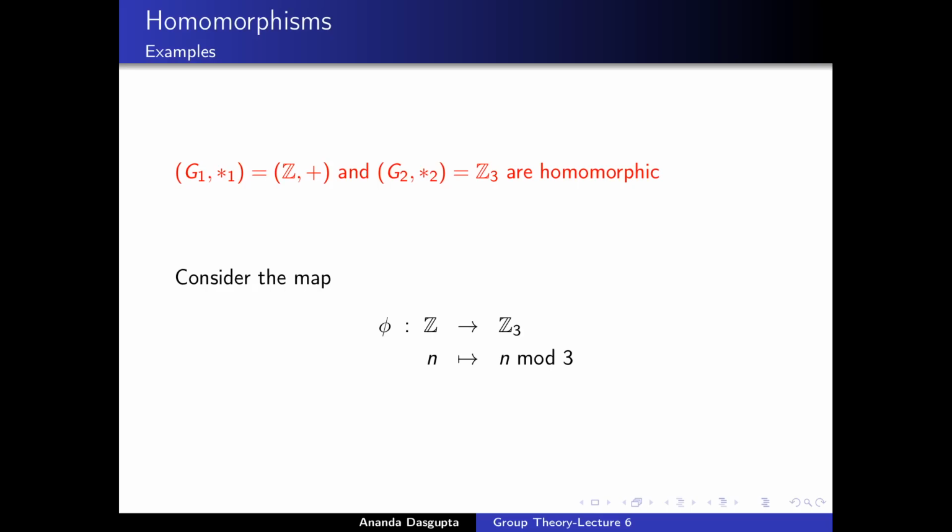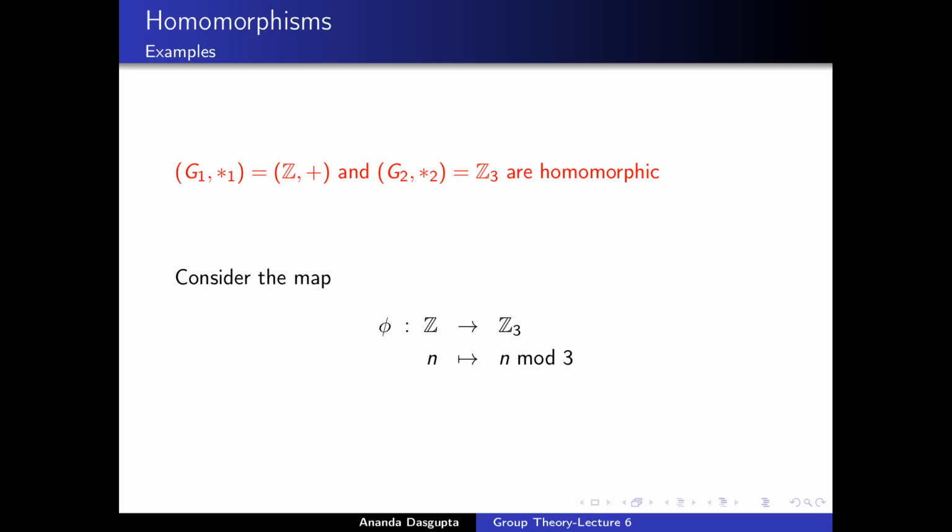So this is an exercise which you should be able to do very easily. Prove that this particular map preserves the group structure and allows you to map one group into another homomorphically. So this was our first example of a homomorphism. It should be pretty clear from this example why I say that two groups which are homomorphic do not necessarily have to be like each other.